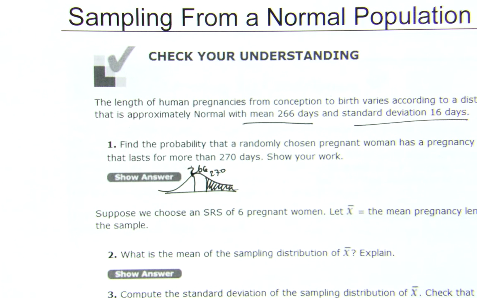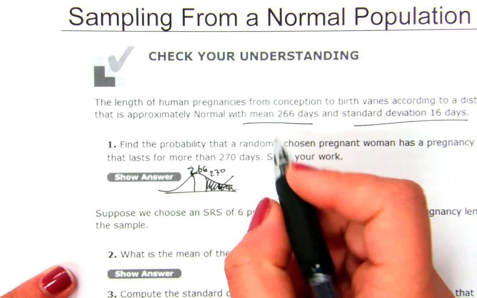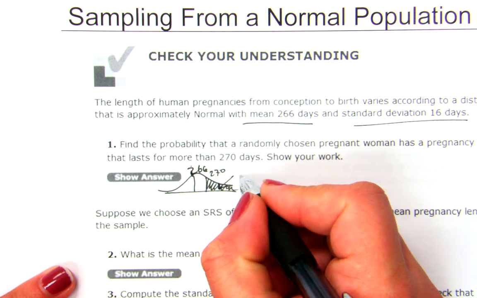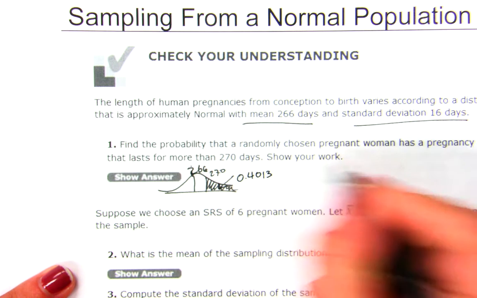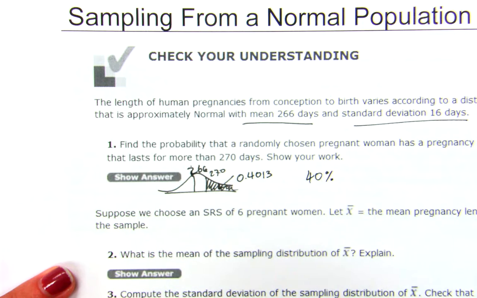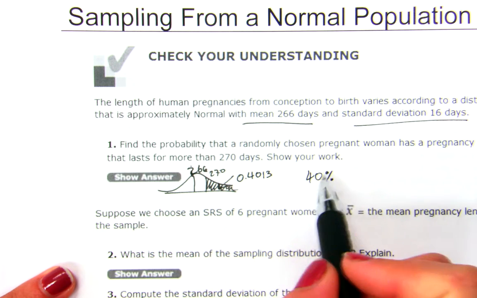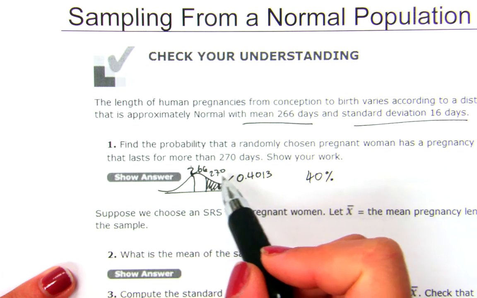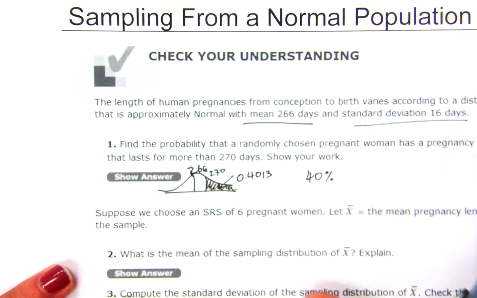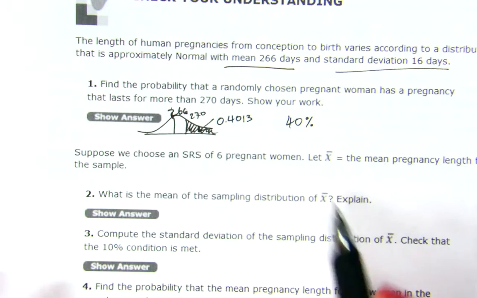And you should get an answer of an area under here, or proportion, of 0.4013, so somewhere around 40%. Okay? All right, so there's about a 40% chance that a pregnant woman has a pregnancy that lasts for more than 270 days. That's like review from chapter 2.